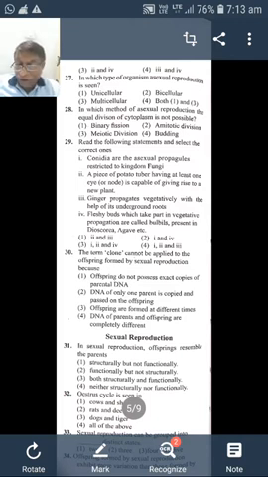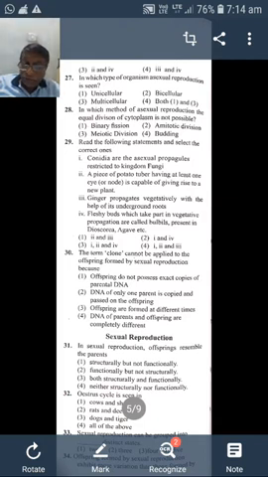Yes, the answer. Now, first one is the right answer. Second is also the right answer. And observe carefully, the fourth is the right answer. First, second and fourth. All other answers are not the right type.